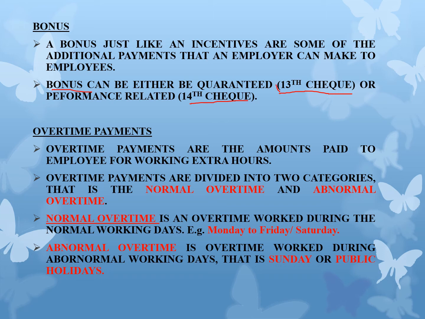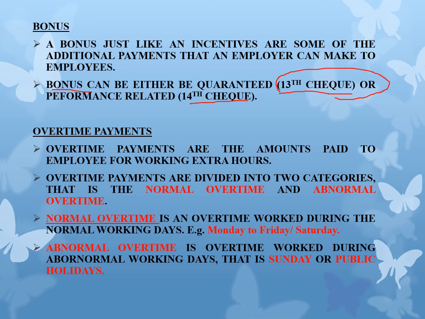The 13th check, you get it irrespective of the work you have done. There's nothing special about it. If it's there in your contract, you are going to get it. You get double pay of your salary. While the 14th is based on the performance or the good work that you have done for your employer.